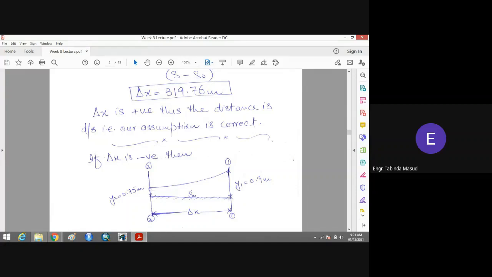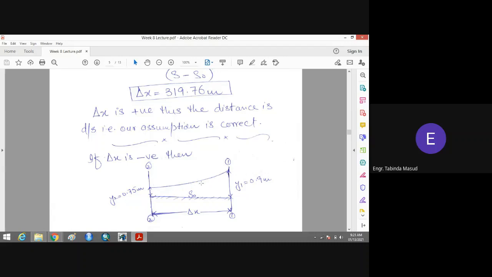You can see that the depth of the flow is increasing towards the downstream side, and this is practically possible when we have any kind of obstruction in an open channel. For example, you have a weir, you have a dam, then you will get this kind of flow profile. You will get this type of curve.